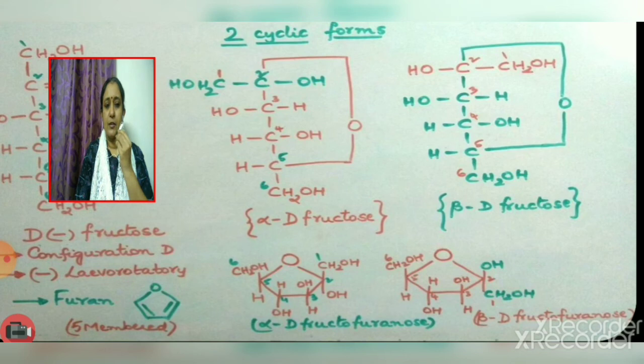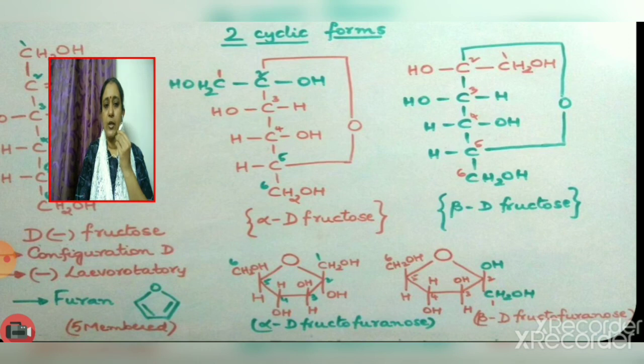Here, the CH2OH group and the OH group present with the 2nd carbon should be shown in the furanose structure in such a way that the CH2OH group is on the top and OH is below the plane. Now consider the 3rd carbon. We have OH and the H group.